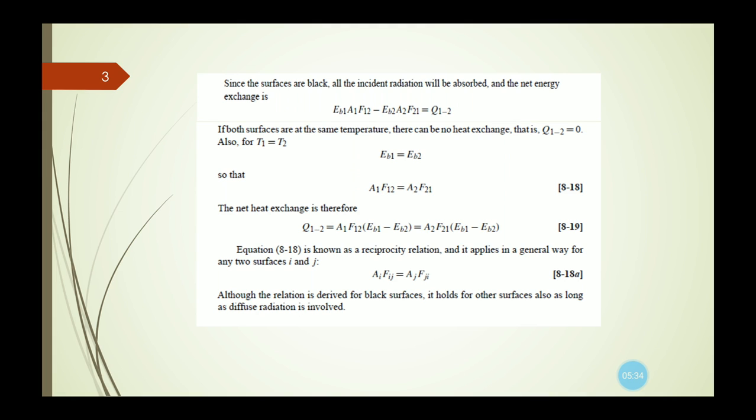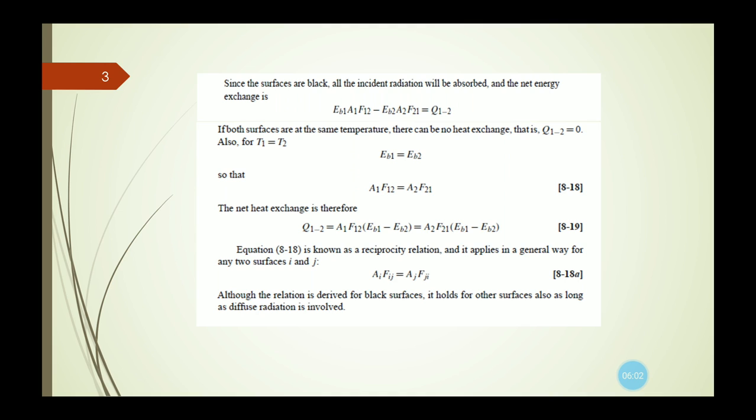Now, in a general way, this reciprocity relation can be written as Ai Fij equals Aj Fji. So this is the general way to express the reciprocity relation. Although this relation is derived for black surfaces, it holds good for other surfaces also as long as diffuse radiation is involved.